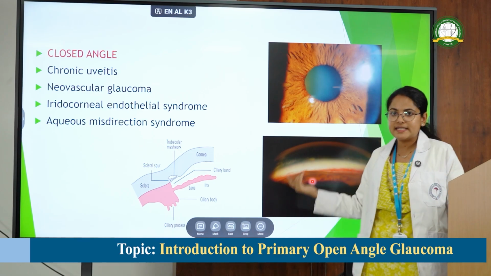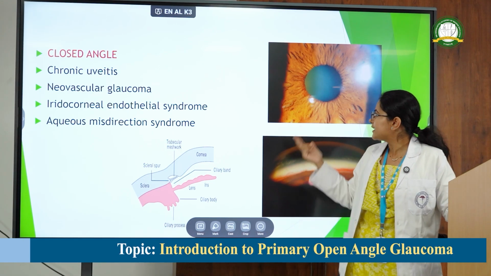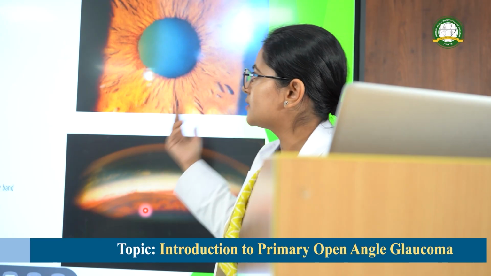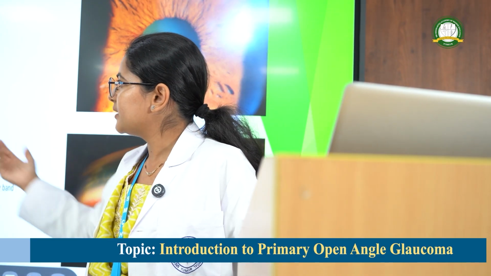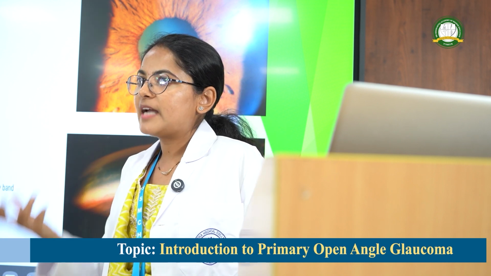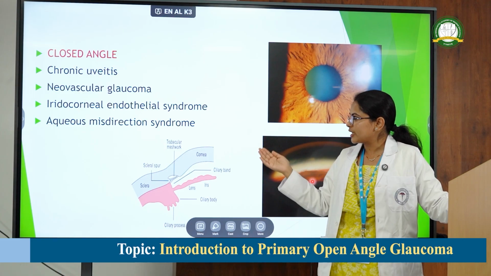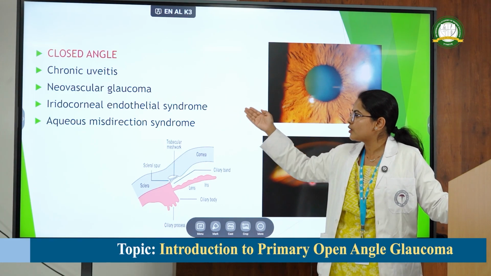It is most commonly seen in diabetes mellitus. We can also see it in ocular ischemic conditions and central retinal vein occlusion. Then iridocorneal endothelial syndrome: abnormal endothelial cells progress into the angle structures and cause closure of the iridocorneal angle.